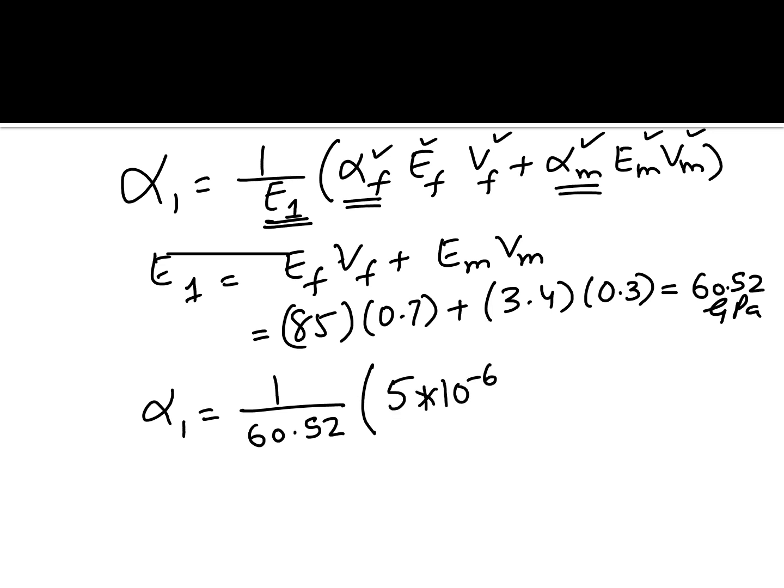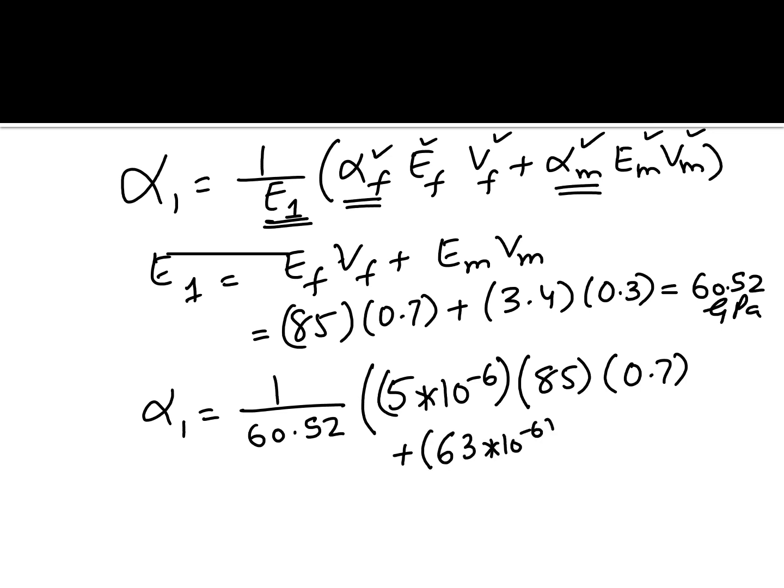This is the thermal expansion coefficient of the fiber. E f is 85, V f is 0.7, alpha m is 63 times 10 to the power minus 6 meter per degree Celsius, and E m is 3.4 gigapascals, and the volume fraction of the matrix is 0.3.